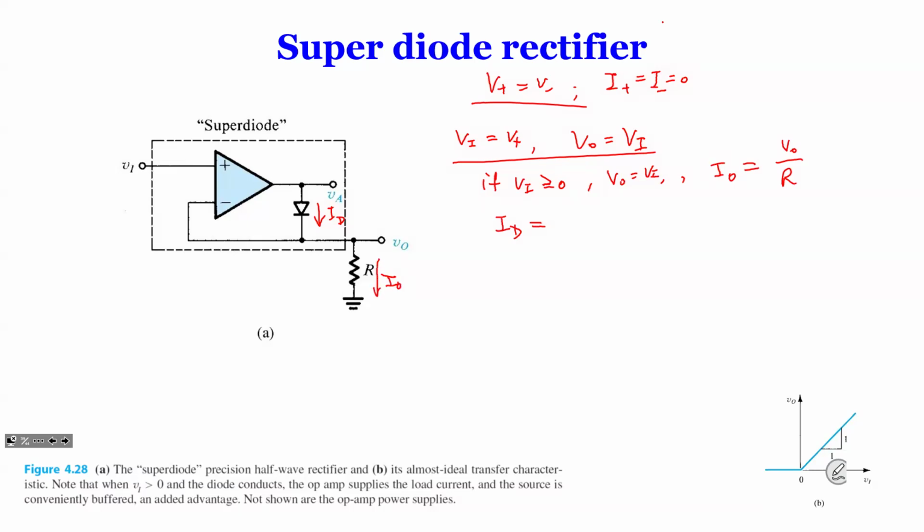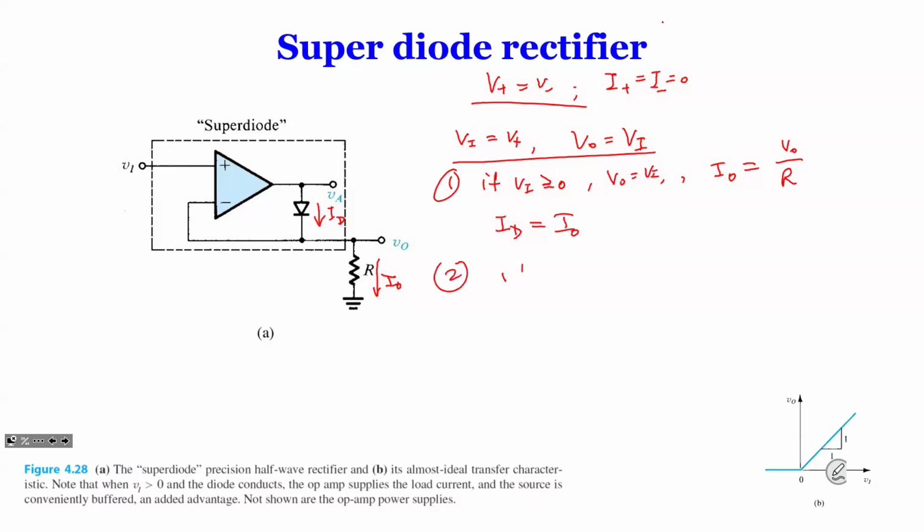So you have IO going down through the resistor. So how much is ID? Can you do a node analysis on that VO? It's IO, yeah, because there's no current coming from the inverting or non-inverting terminal, right? So ID is IO. So everything seems to be perfect, no problem.